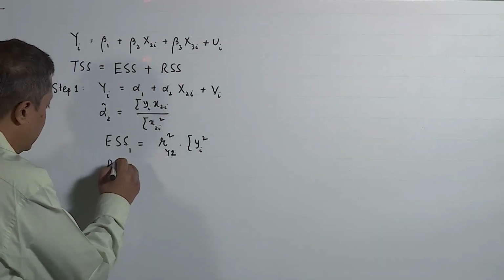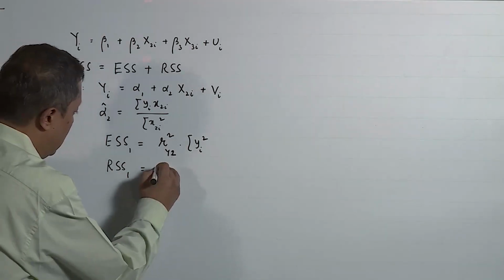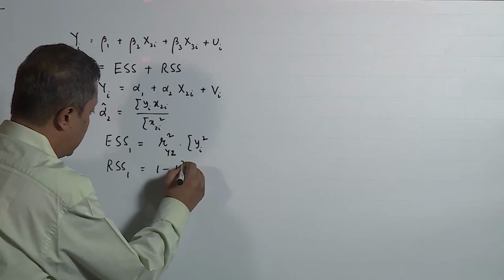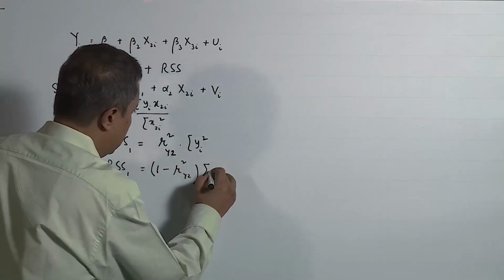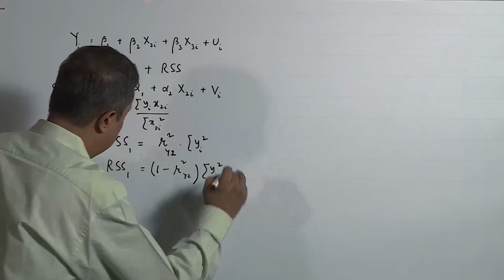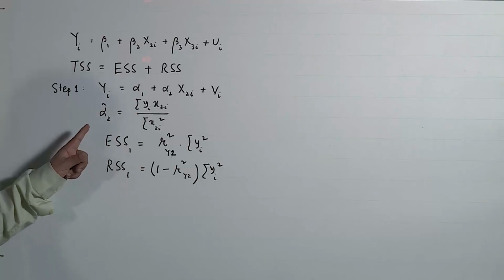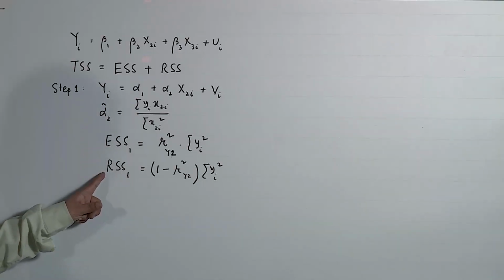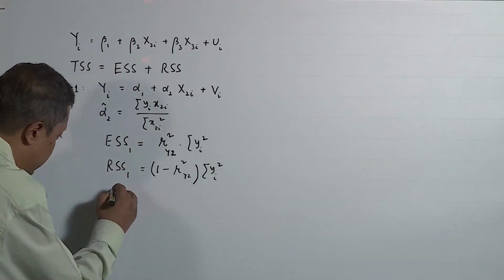Similarly, the residual sum of squares in step 1 will be 1 minus r square y2 times summation y_i square. So, at the end of step 1, we obtain explained sum of squares step 1 and residual sum of squares step 1.